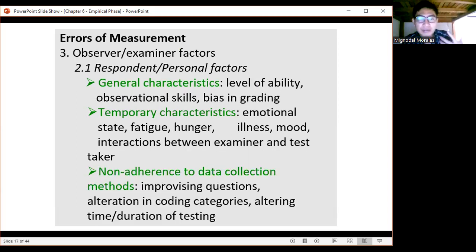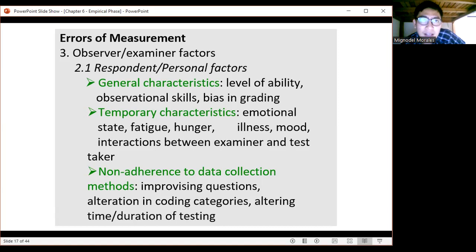So observer examiner, tayo naman, if there's a measurement based on the observer and examiner factors. So respondents, so level of ability, observational skills, and bias. No, so as a researcher, we must be neutral. Okay, our principles and values cannot affect our observation.